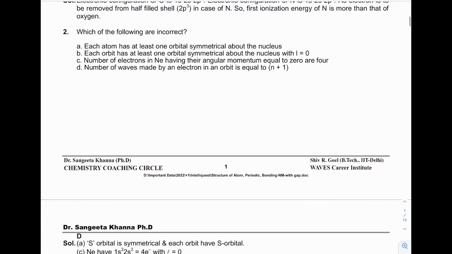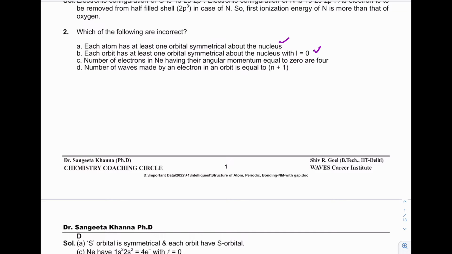Next, which of the following are incorrect? Each atom has at least one orbital symmetrical about nucleus. Yes, it is s orbital. Each orbit has at least one orbital symmetrical about the nucleus with L0. That is again same. Number of electrons in neon having their angular momentum equal to 0 are 4.